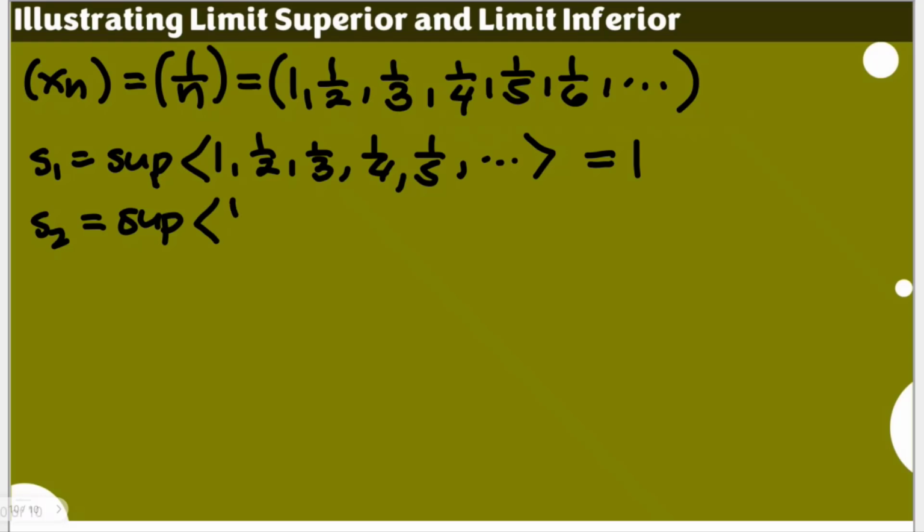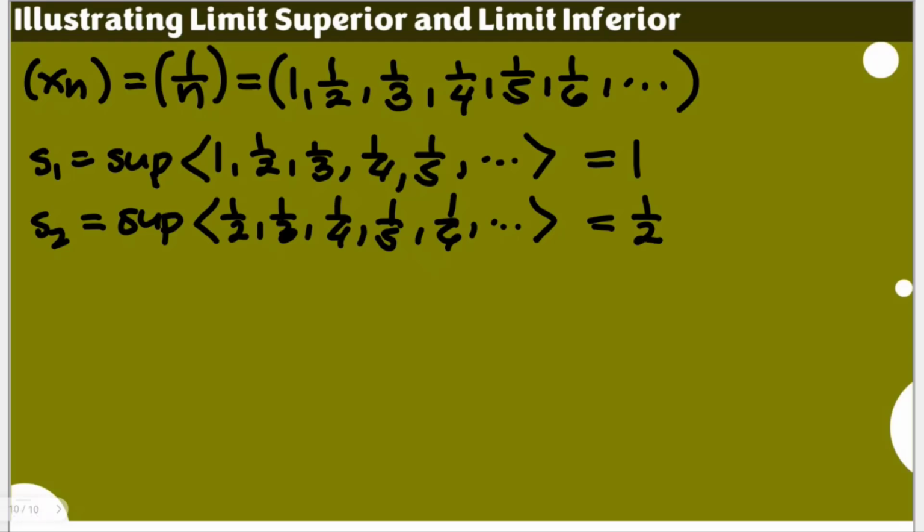So I have here 1 half, 1 third, 1 fourth, 1 fifth, of course 1 sixth, and so on and so forth. The supremum of this, as mentioned, is the least upper bound. That is actually 1 half. This is the least upper bound of all the elements of this sequence.